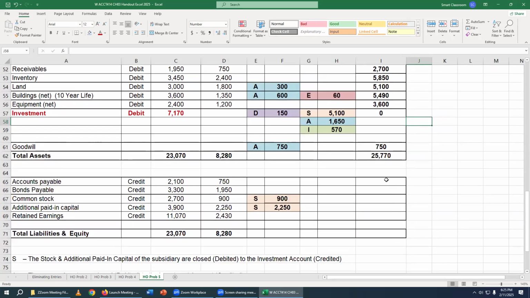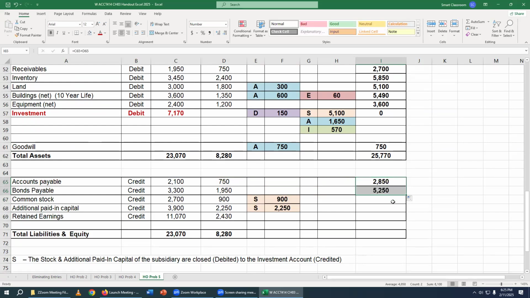All right, coming down here. We're going to add the two liabilities together. We still owe the liabilities, but the equity section does not exist anymore for the subsidiary. So these other three are just going to be from the parent company.